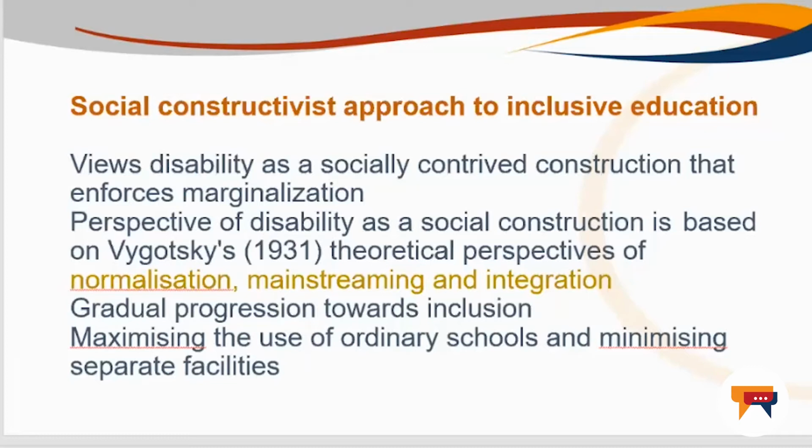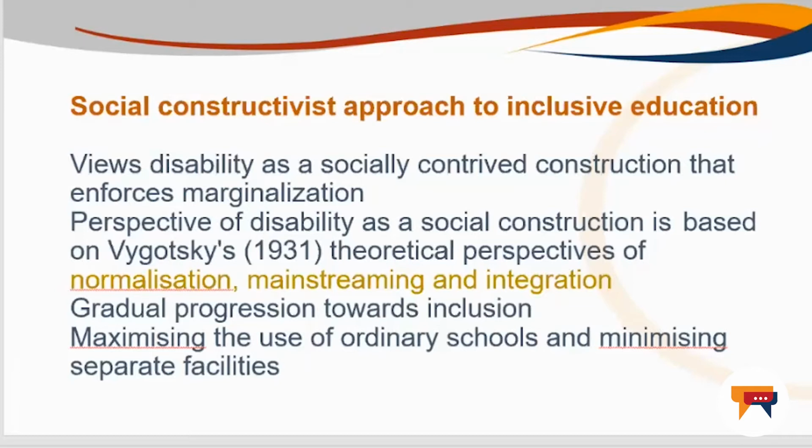But over time, there's been a trend towards normalizing learners with disability, mainstreaming them or integrating them. And as you can see, these were the forerunners that came before the concept of inclusion.